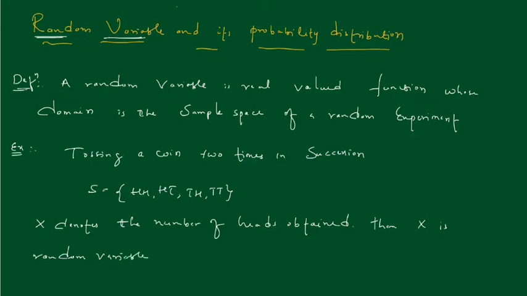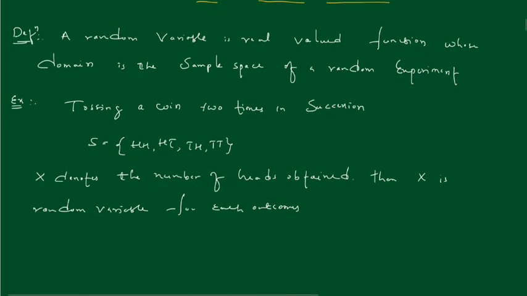Here X denotes a random variable. If X denotes the number of heads obtained, then X is a random variable, and for each outcome its value is given.